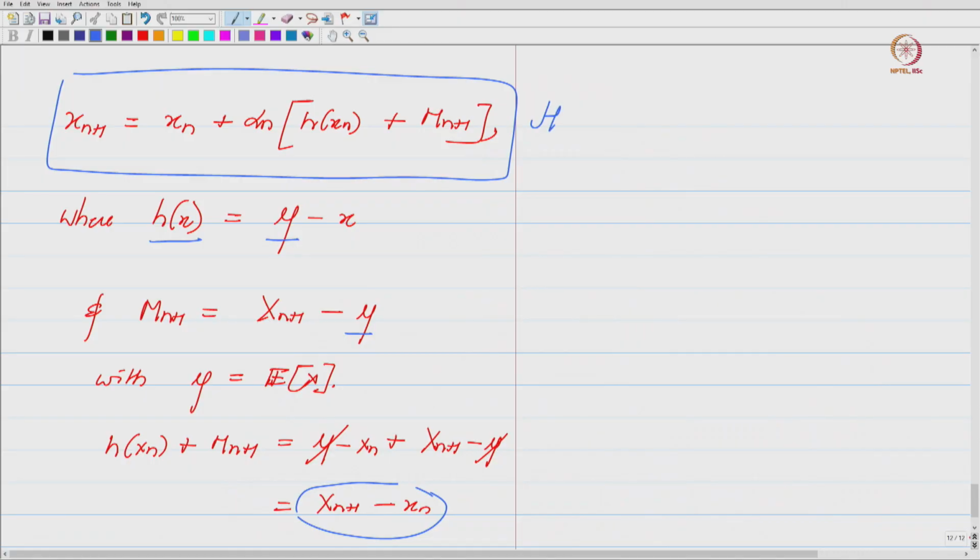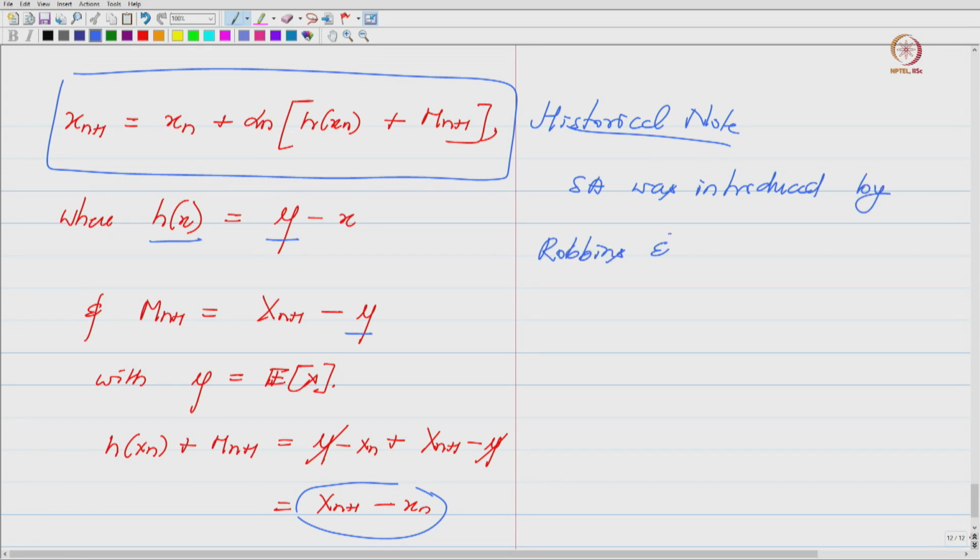I would just like to add one historical note: stochastic approximation was introduced by Robbins and Monro in 1951.